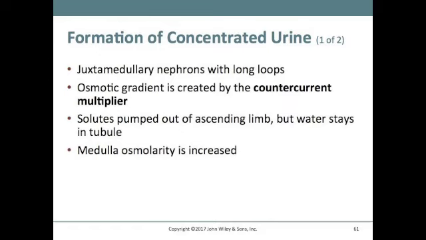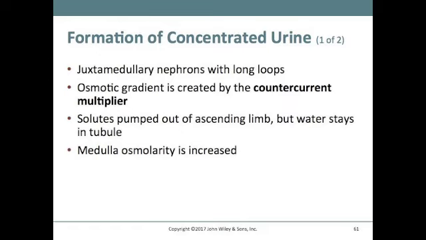Countercurrent multiplication is the process by which a progressively increasing osmotic gradient is formed in the interstitial fluid of the renal medulla as a result of countercurrent flow. Countercurrent multiplication involves the long nephron loops of the juxtamedullary nephrons.